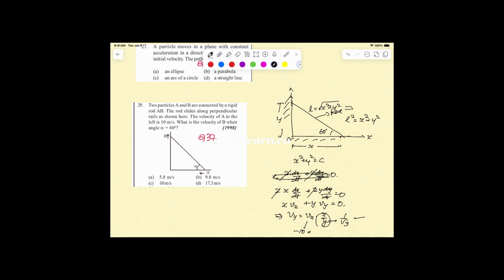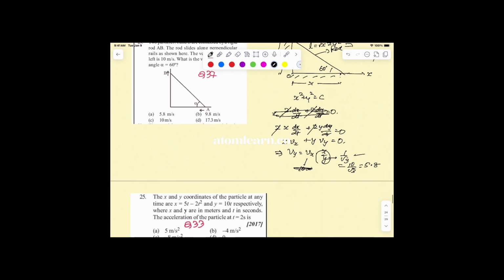Into 10 by root 3, the modulus value must be equal to 5.8. Okay, let's go to the next question.